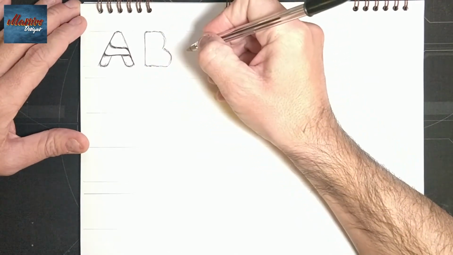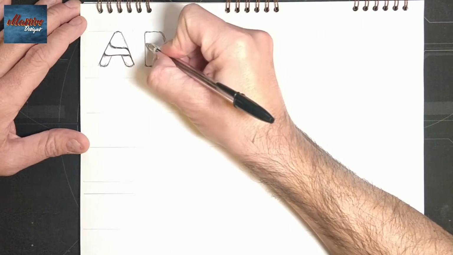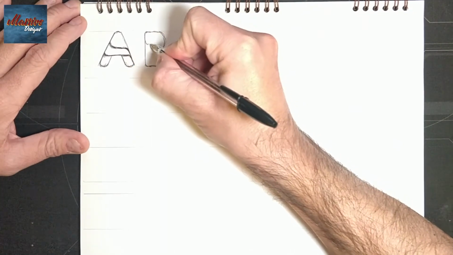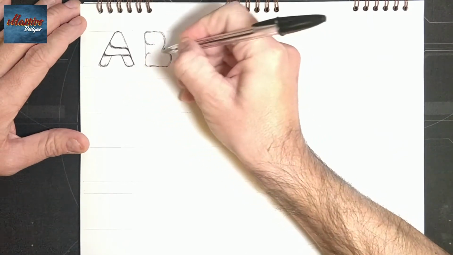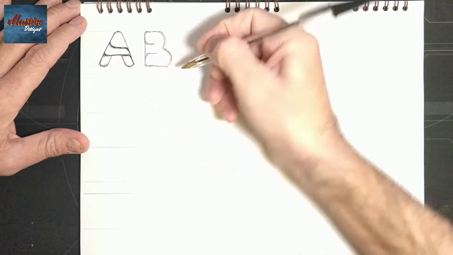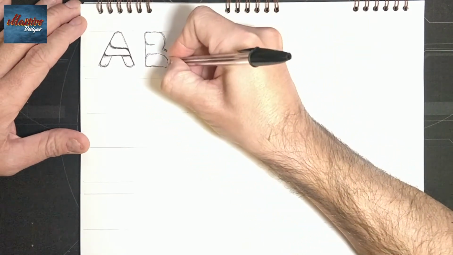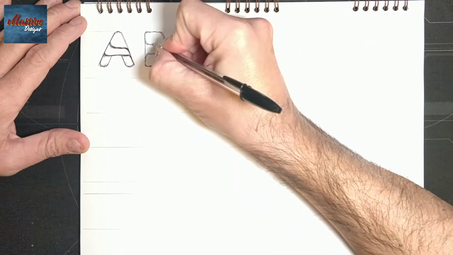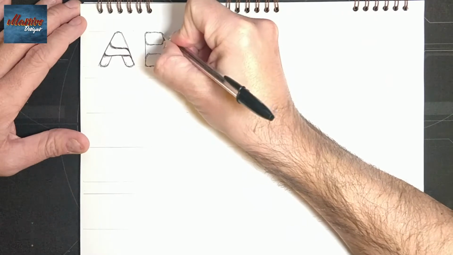Now we are going to move this part here, and this is going to be the middle part of the B, and we do something like this, and obviously we do the same here.